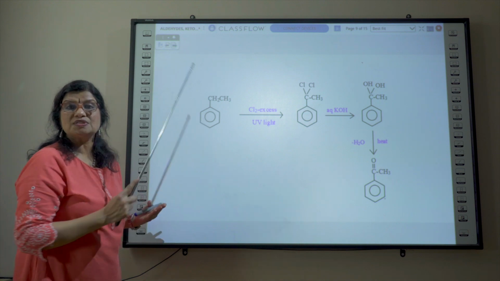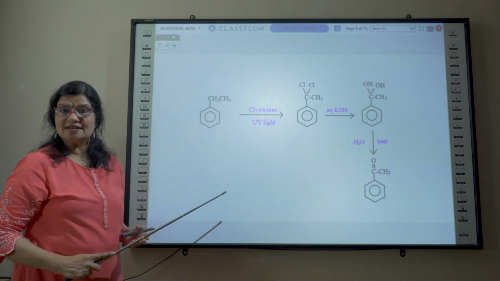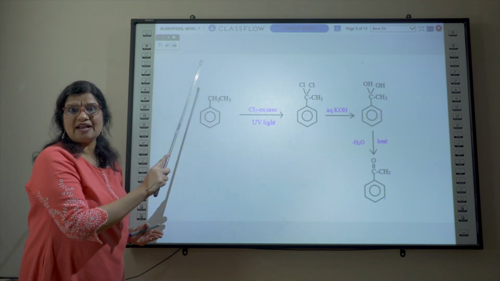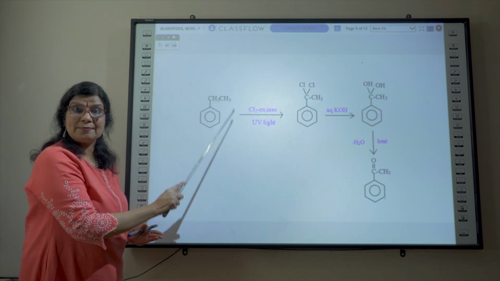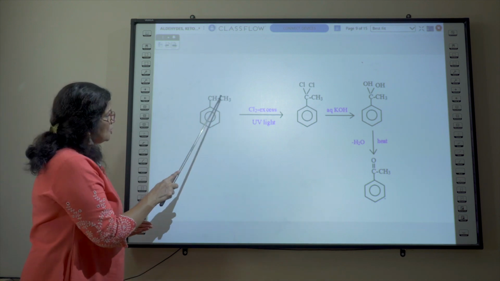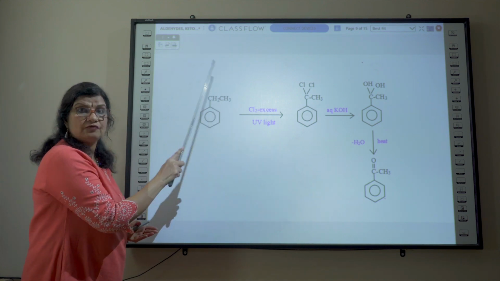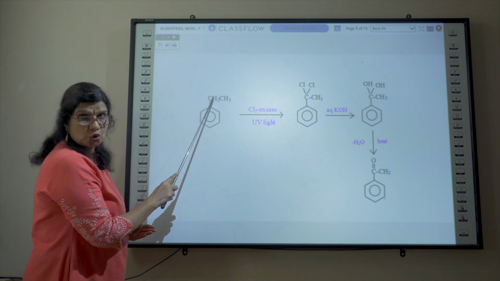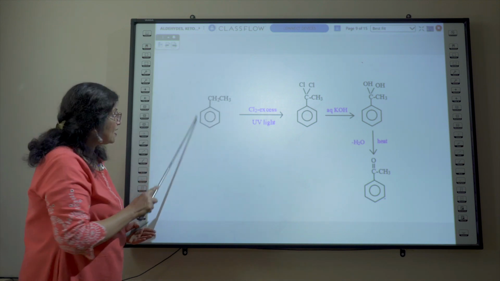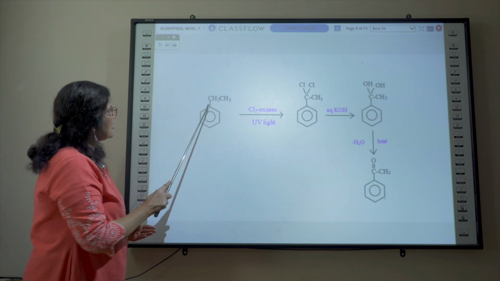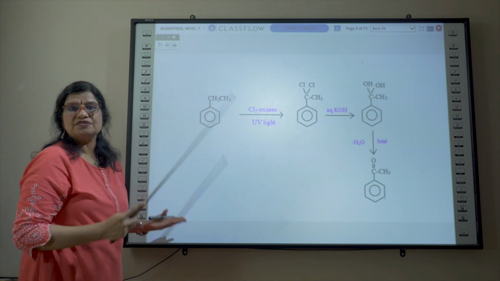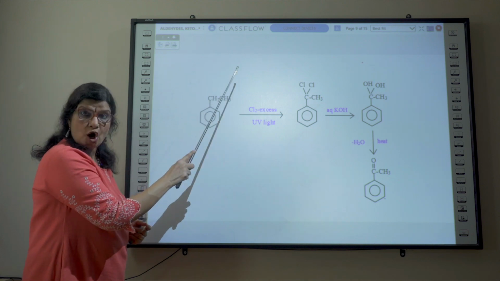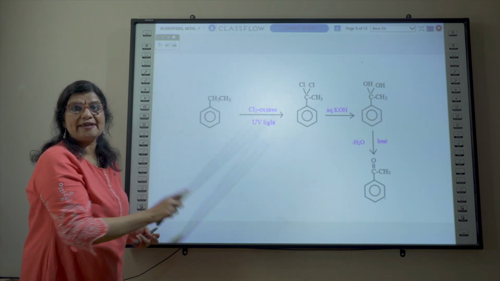And you know how stable a benzyl free radical is in comparison to a primary free radical. So I repeat, the loss of a hydrogen from the methyl group will produce a primary free radical. The loss of a hydrogen from this CH2 group will produce a benzyl free radical, C6H5CH radical, which is more stable. So obviously, it is this hydrogen which is being lost and then substituted by chlorine.